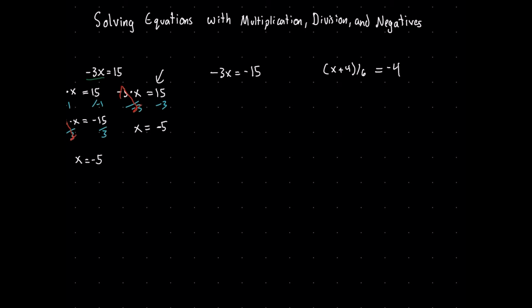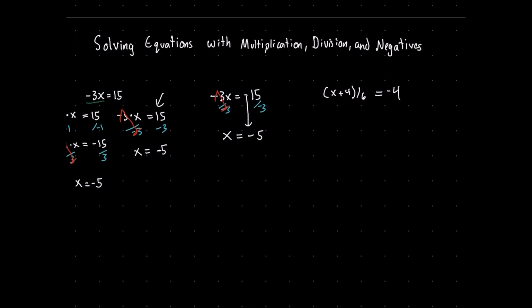Now over here, if we divide both sides by negative 3, first we will do 15 divided by 3, and that gives us 5. This turns into a 1, giving us x. Then we carry down this negative sign, so that's negative 5.